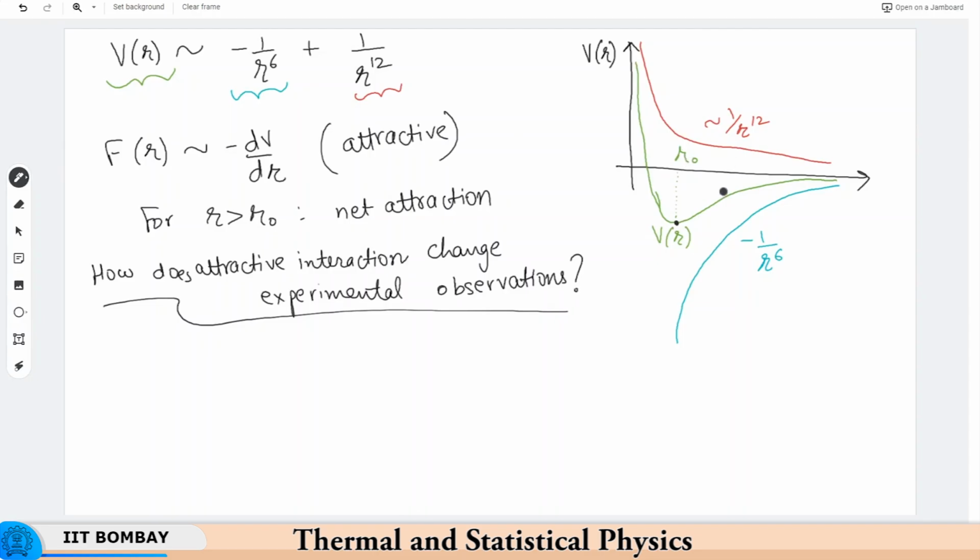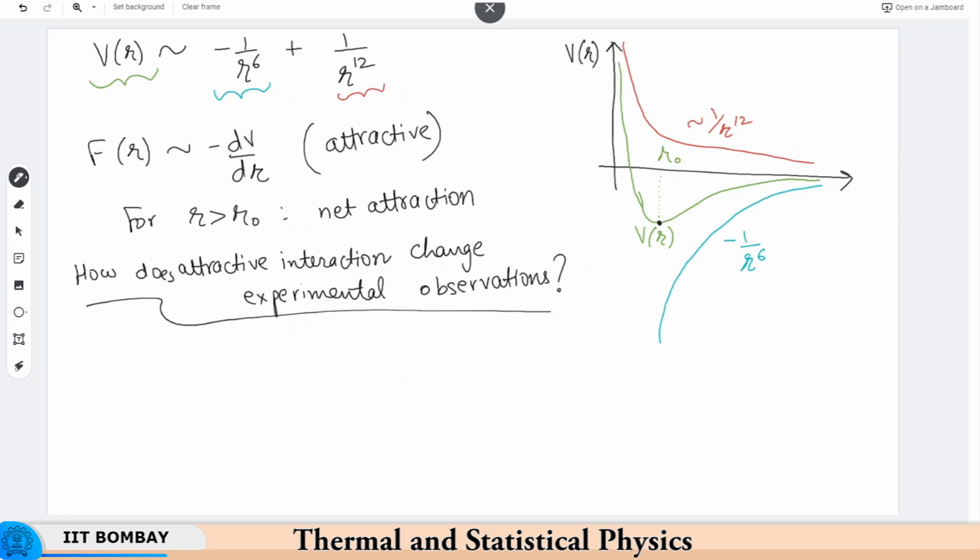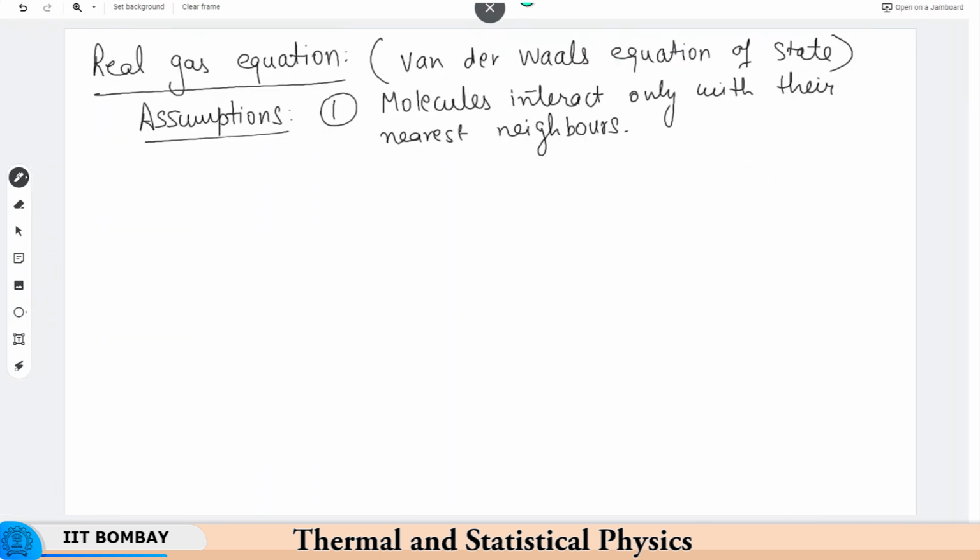But we are assuming that the attractive force becomes negligible if those molecules are very far away from each other. And for simplicity, we will only assume attractive interaction between molecules which are closest to each other, what's known as nearest neighbor molecules.